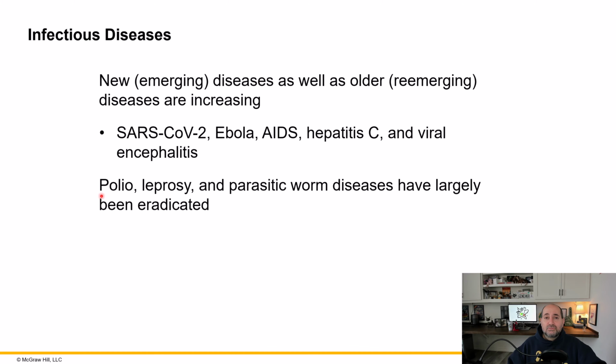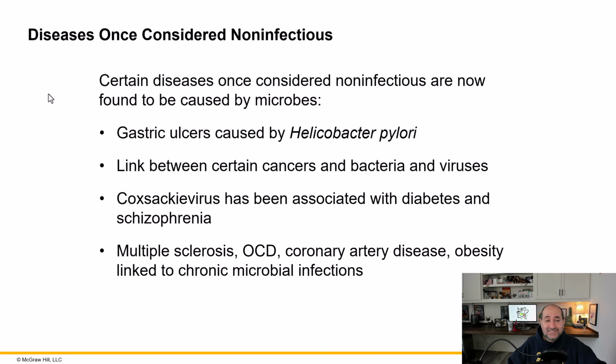There's also some good news. Polio, leprosy, and parasitic worm diseases have largely been eradicated based on our knowledge of microbiology and our efforts to limit the spread of these diseases. There are even diseases that were once considered non-infectious, but now we know are caused by communicable microorganisms or infectious agents.